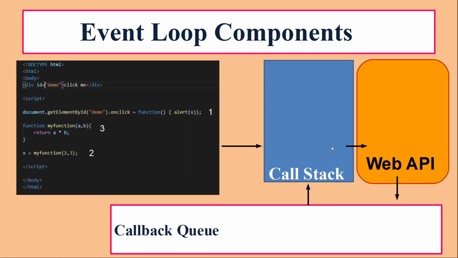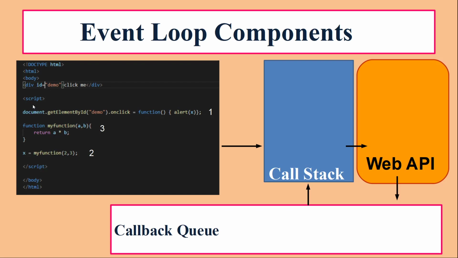Okay, so the first thing we want to do is look at an example, because it's a great way of understanding it. And I think this is a great example. So this code is executed line by line. But if you look at the first line here, the function on the onClick displays the X value.